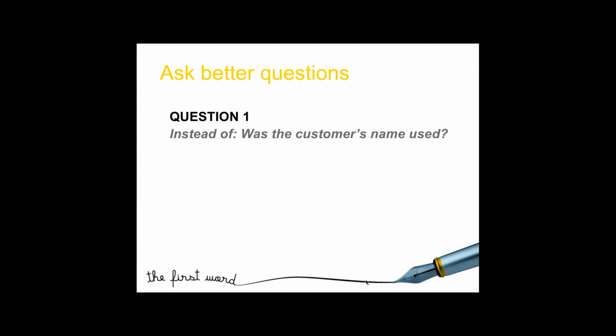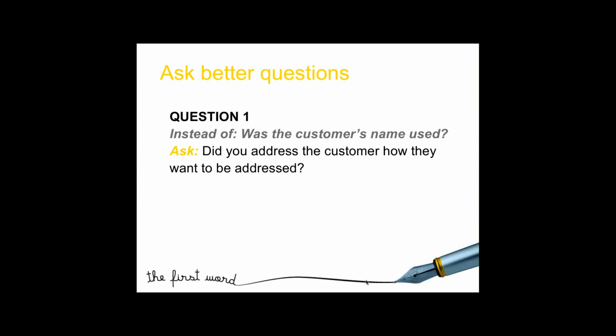So first of all, question 1, instead of was the customer's name used, which is really simple for the robot to pass, whatever name he uses, as long as it's genuinely that customer's name, we can ask, did you address the customer how they want to be addressed? So let's go back to our letter.